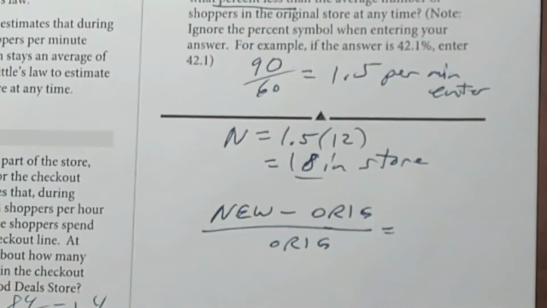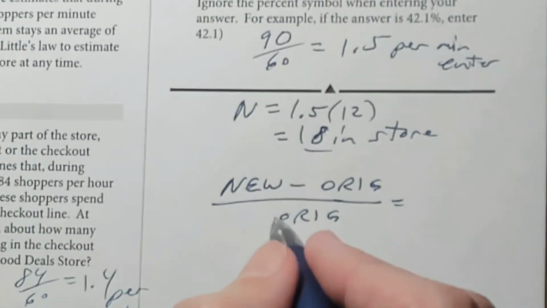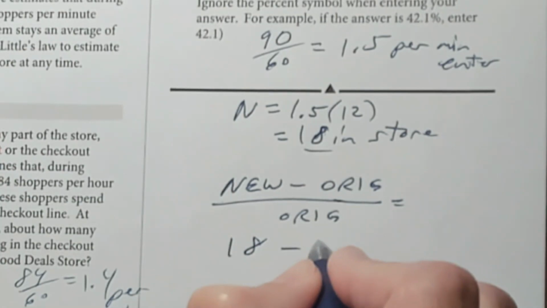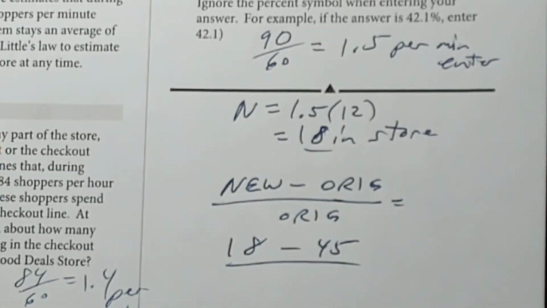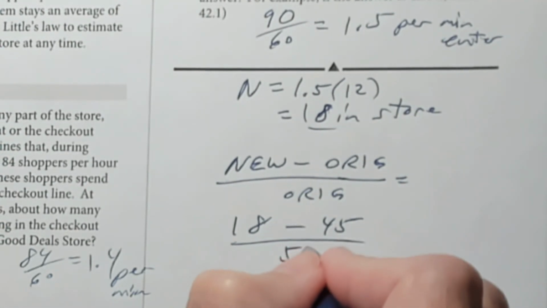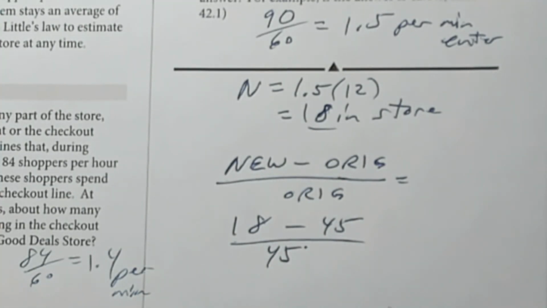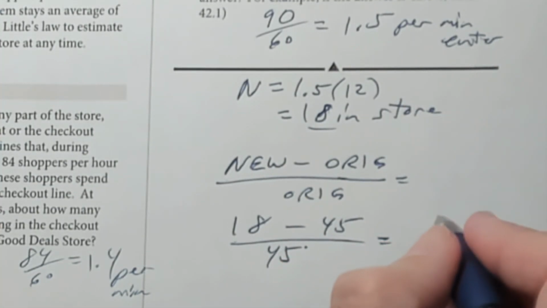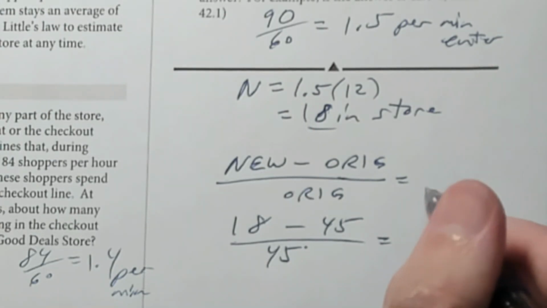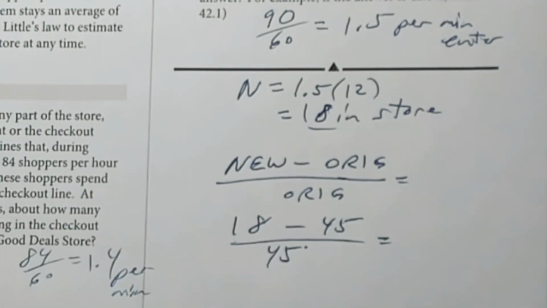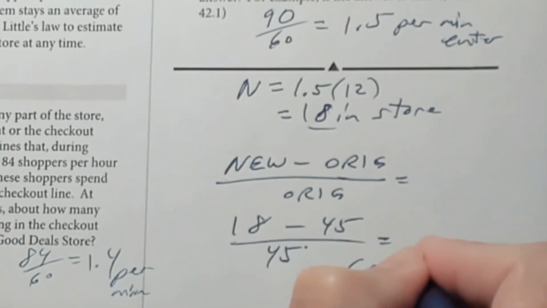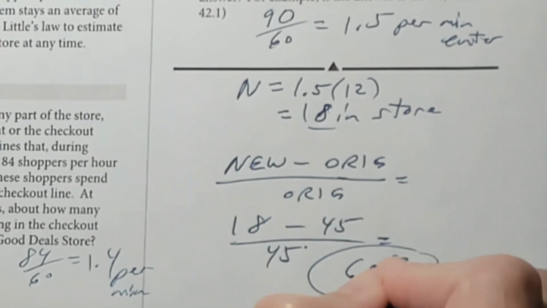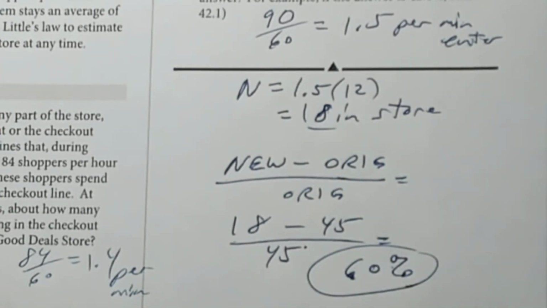Now we've got 18. So you're going to plug this in. So you're going to say new 18 minus 45, all divided by 45. And that's going to equal what? What kind of a decrease? 60% decrease.